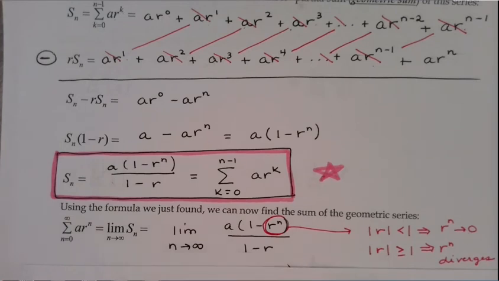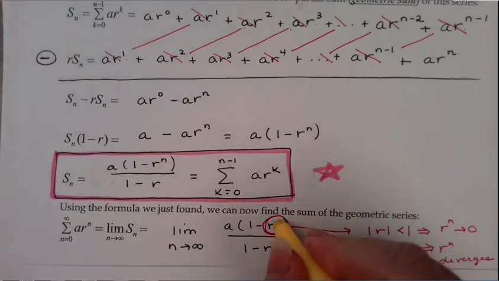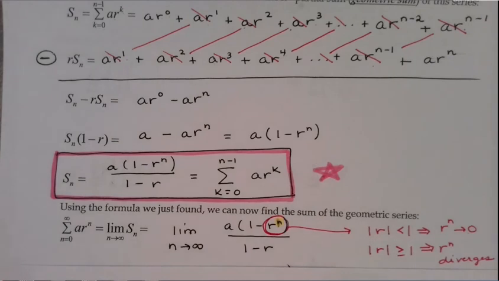The only place n appears in that formula is right up here in the exponent. What happens to r to the n power depends on the value of r. If the absolute value of r is less than 1, then r to the n goes to 0. But if the absolute value of r is greater than 1, then r to the n diverges. We saw that back in our sequence work.